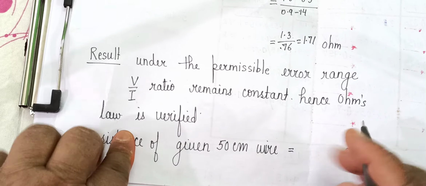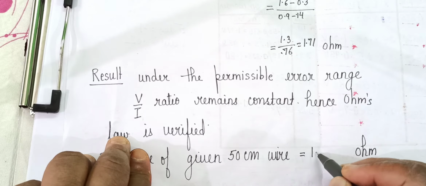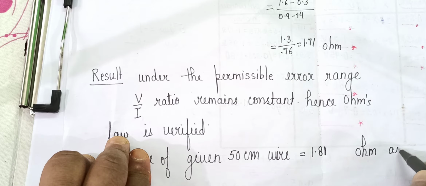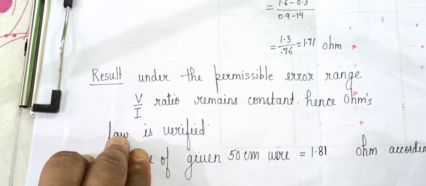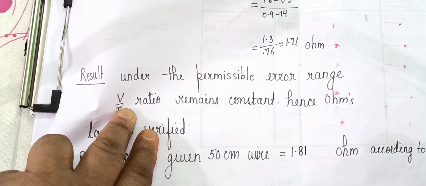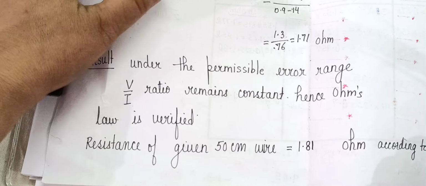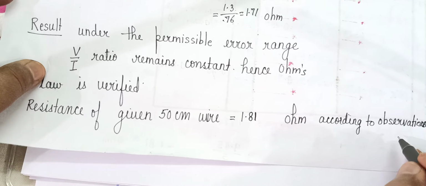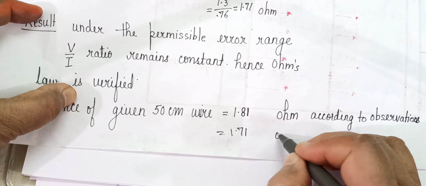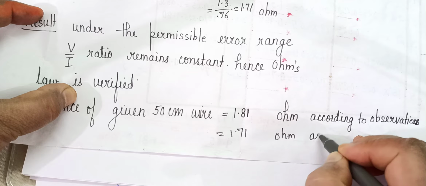So its length is 50 centimeter and its value is 1.81 according to the table, according to observations, and its value is 1.71 ohm according to the graph.